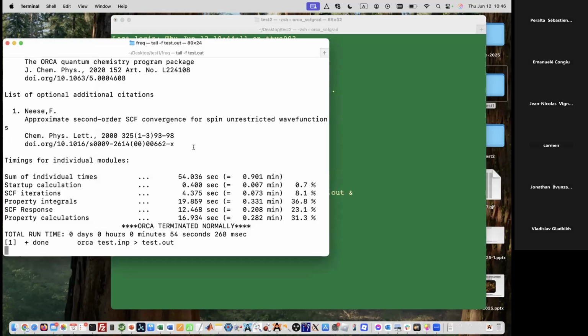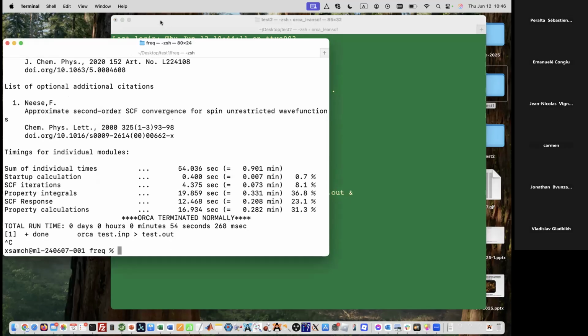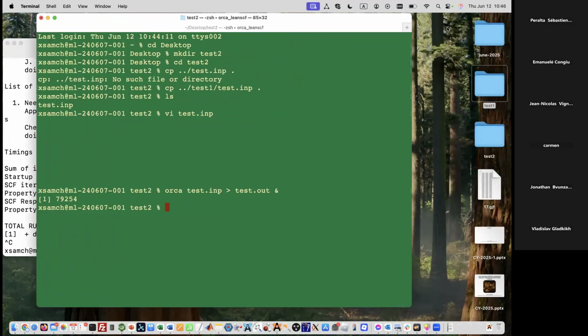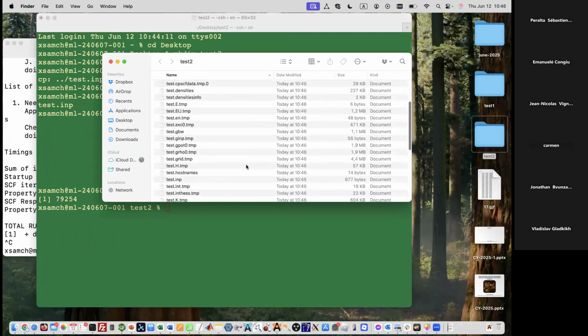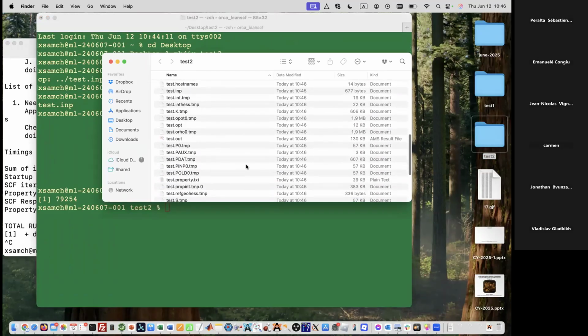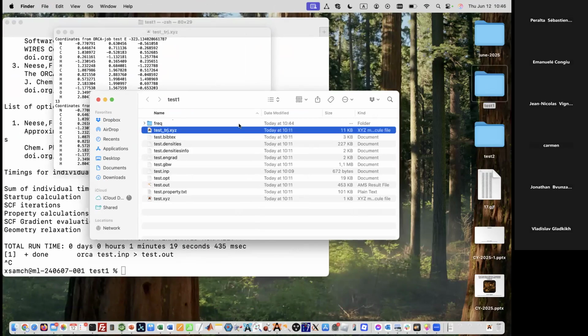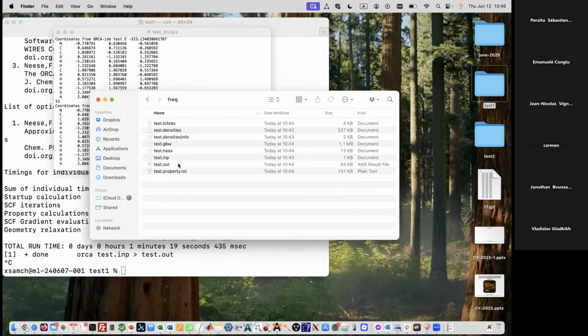Now our frequency job is finished, and let's look at the outcome. Our frequency calculation is here.